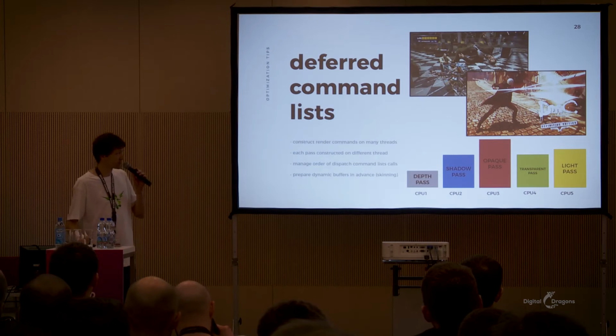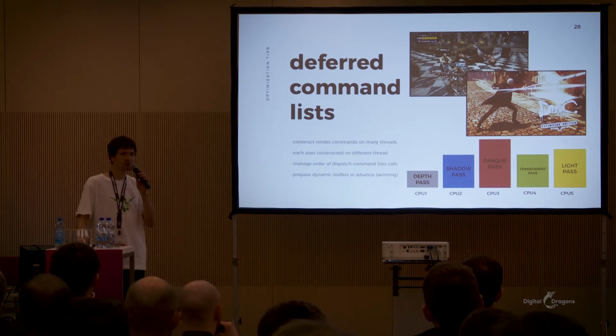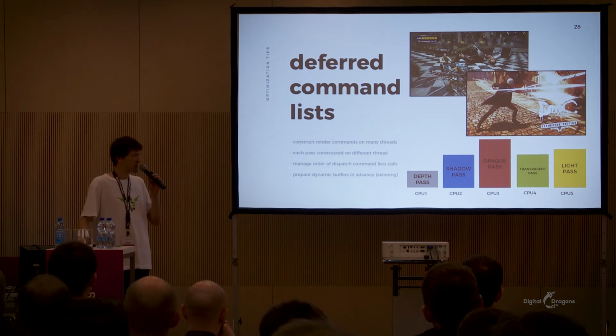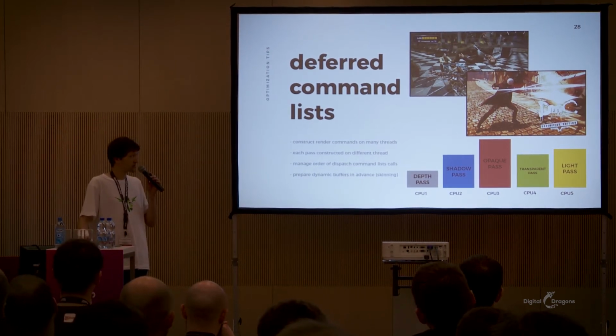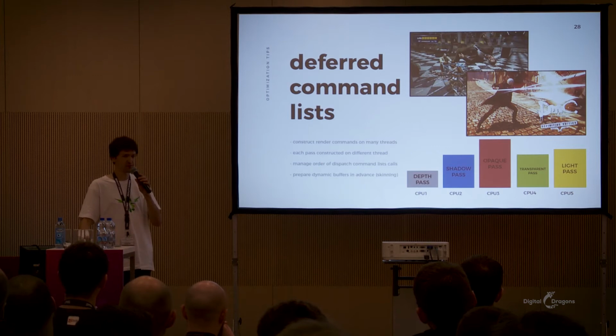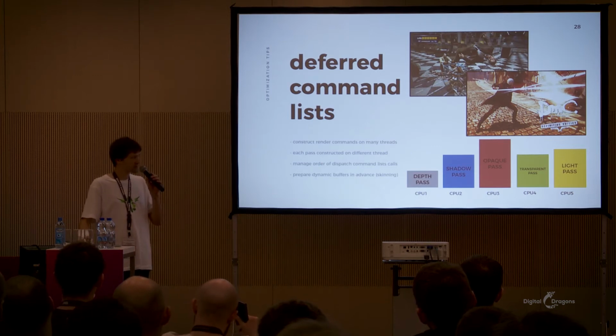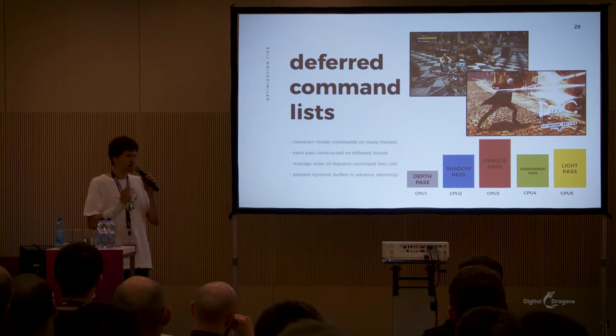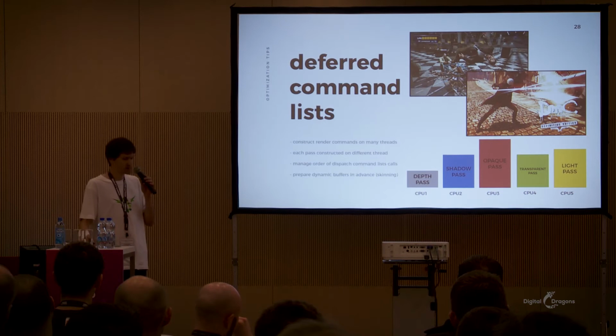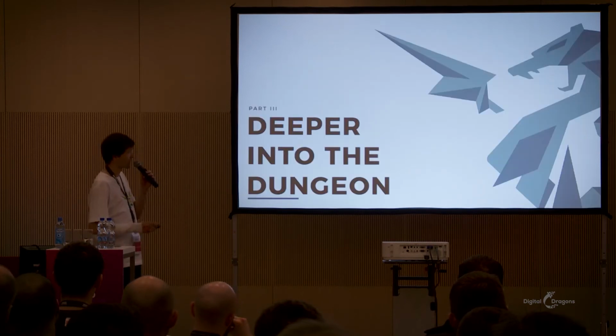But since we are doing it deferred, before we even dispatch it to the GPU, we can do with it what we want. We can lock the buffer with matrices for the whole frame, put those matrices in as they come when we process all the passes, then unlock it, and then push it to the GPU. So basically we can do it with one lock and unlock, and the driver has again less to do.